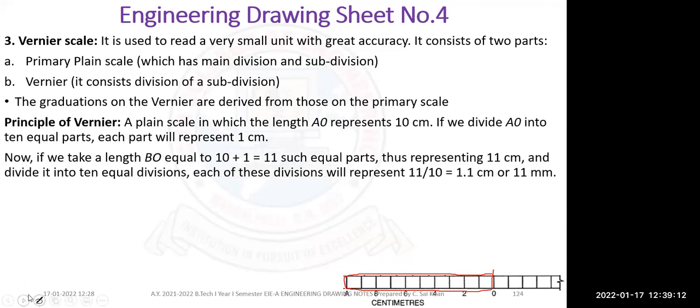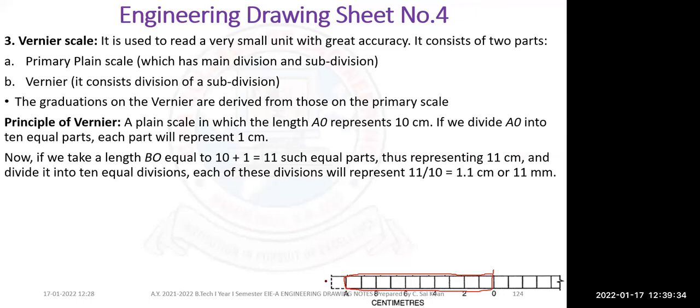Then what we have to do is take the distance, for example, this is my B. Whatever may be the 1 centimeter distance, that 1 centimeter I have to add one more here.